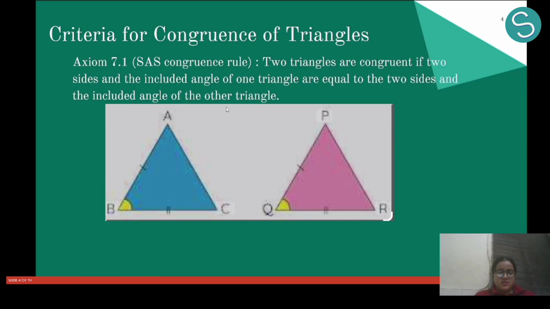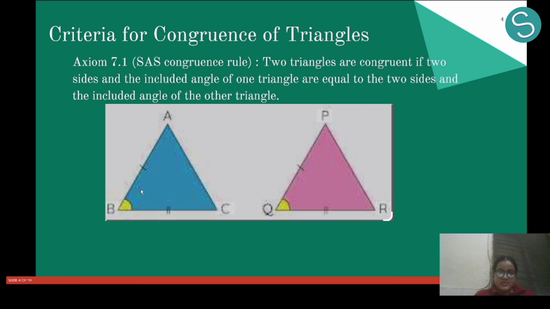Now we will discuss criteria for congruence of triangles. The first criterion is the SAS congruence rule, that is the side angle side congruence rule. Two triangles are congruent if two sides and the included angle of one triangle are equal to two sides and the included angle of the other triangle.